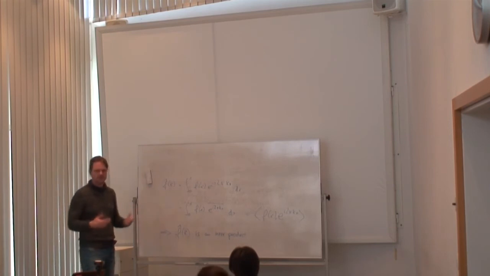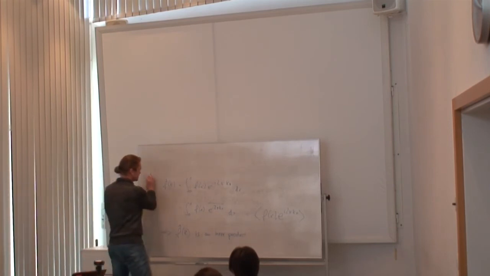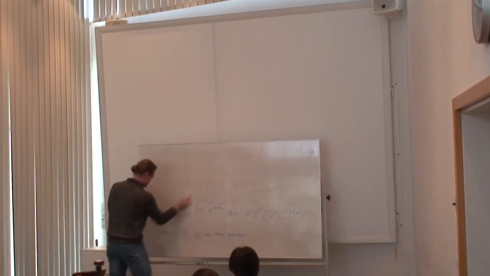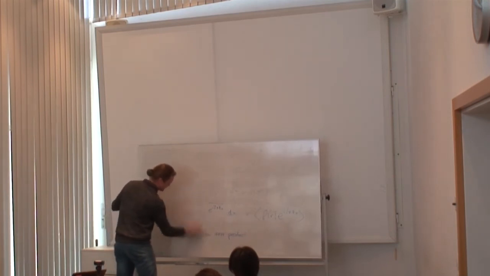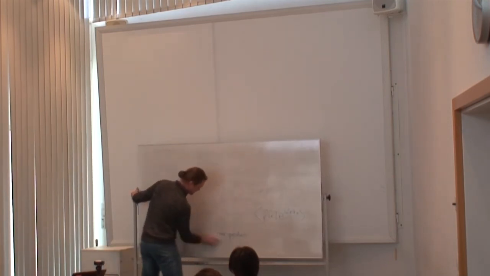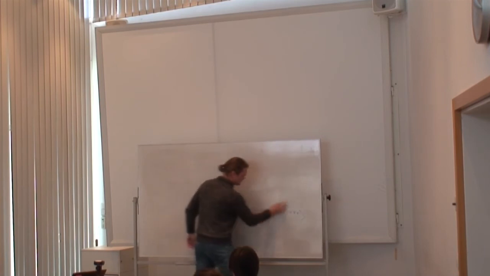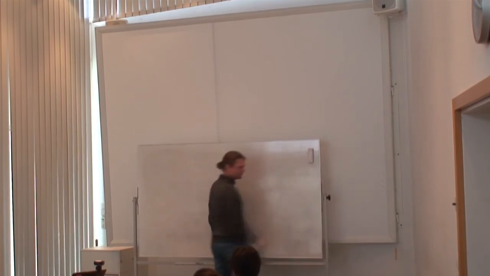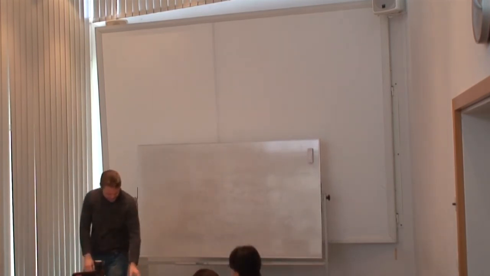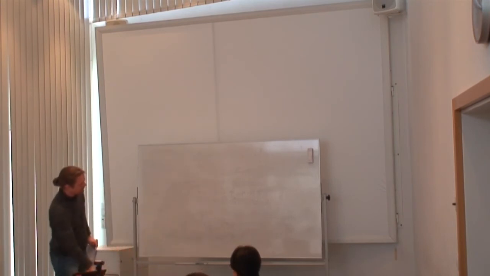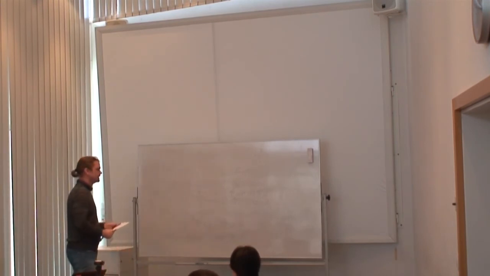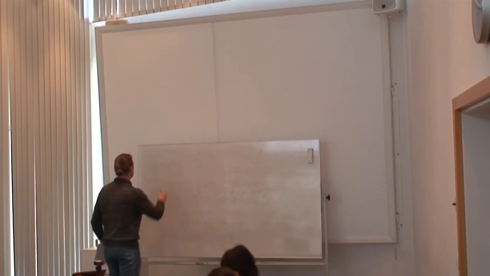But let's see what this really means in the end. And once we are through this, I hope you will appreciate what we have been discussing so far. Now, let's first have a look at the following.